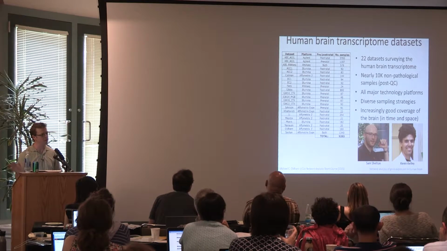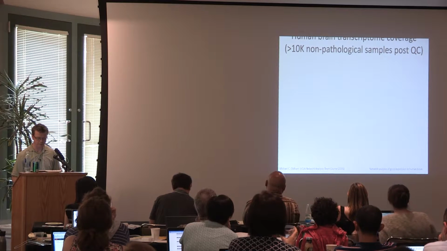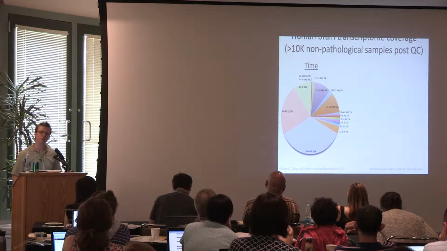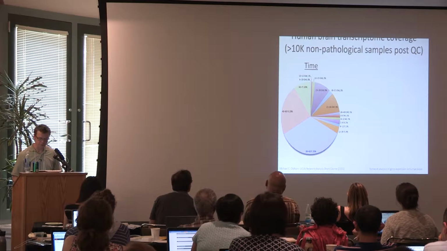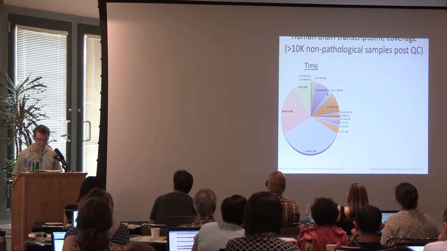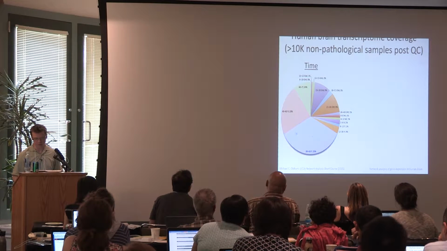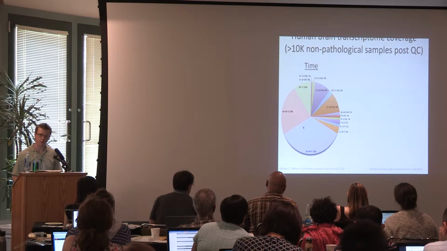And these are all non-pathological samples, right? So when you look at the distribution of these samples, we have pretty good coverage of the human brain transcriptome over development. So GW stands for gestational weeks. So about a quarter of the samples are prenatal, right? And then a majority of them, probably about 2/3, are adult, so over 20, right?